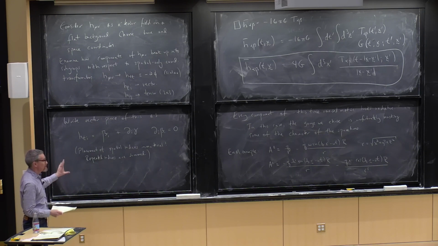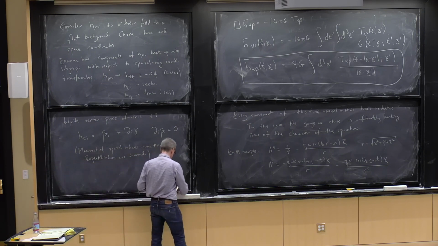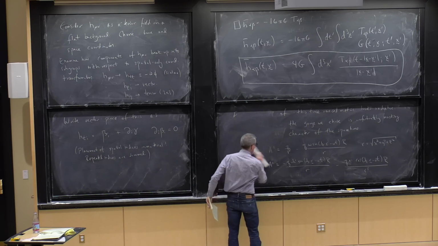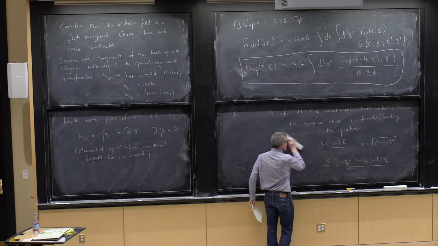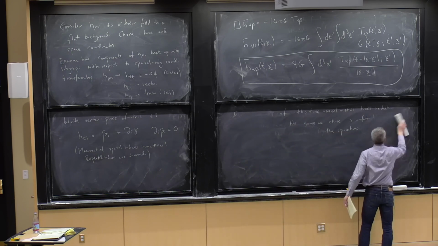Let's extend this logic to the tensor piece, to Hij. This takes a little bit of thought. So let me just write out the answer and then describe the character of every piece that goes into this.